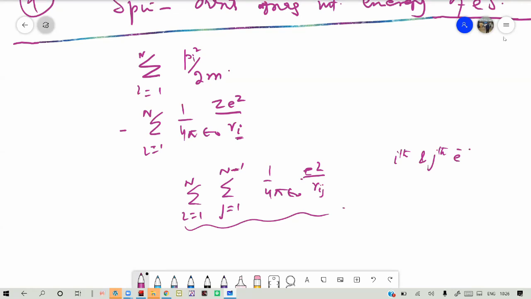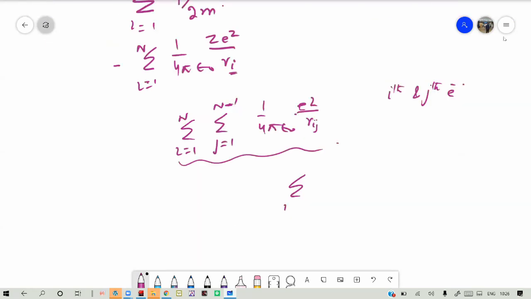This can also be written as the summation over i less than j, from 1 to n. So if i is 1, j will be 2, the first and second electron. Similarly, if i is 2, j will be the third electron. This is how i less than j, from 1 to n.